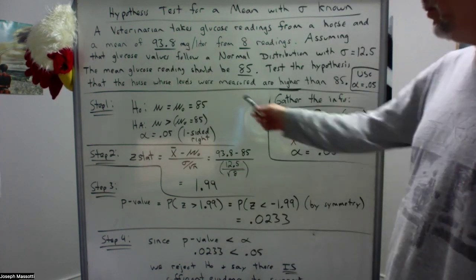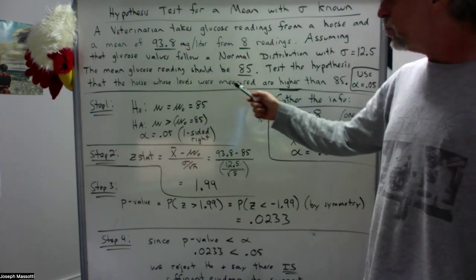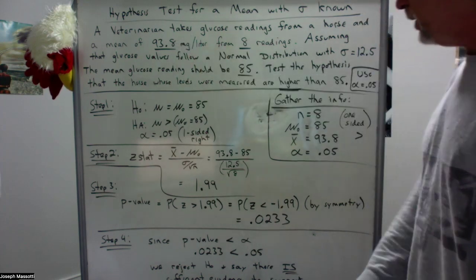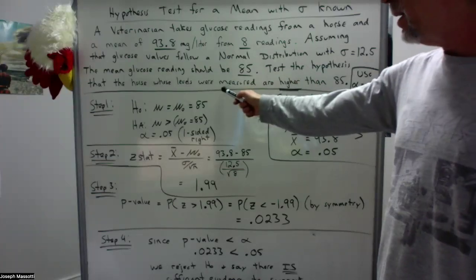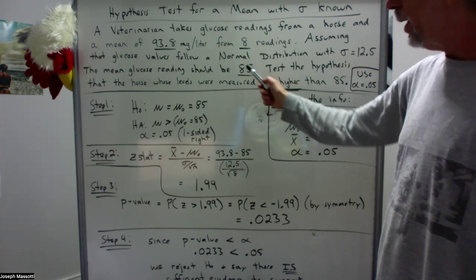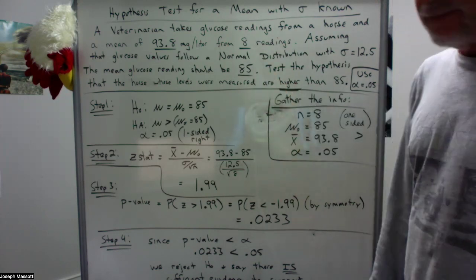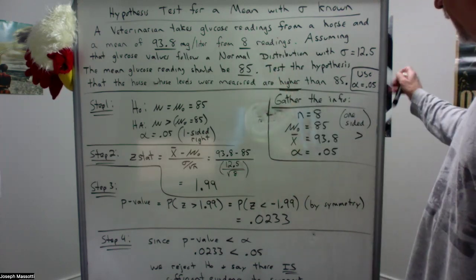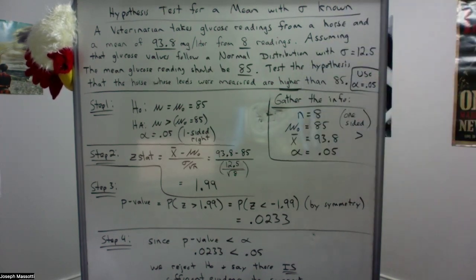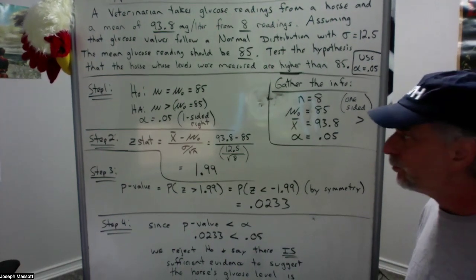So we're going to test the hypothesis that the horse whose levels were measured, this horse, 8 times, 93.8 was the average. We're going to test the hypothesis that those are higher than what it should be, or what we think going into the test, of 85. And we're going to use a significance level of 0.05, meaning 95% confidence, or that level of evidence.